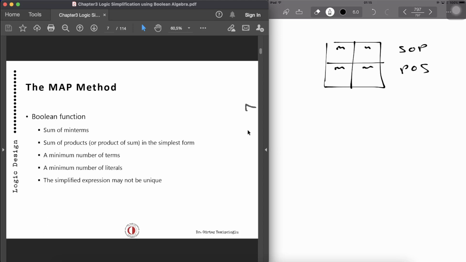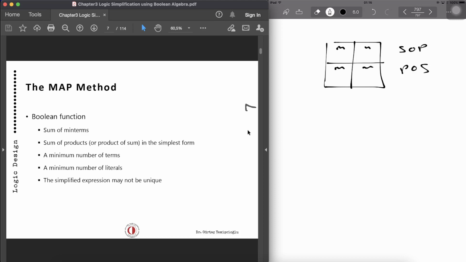Boolean functions in general are a sum of minterms or sum of products in the simplest form. They have a minimum number of terms or minimum number of literals, and the simplified expression may not be unique. There can be an alternative way of implementing the same function, like we saw in the previous chapter when we were doing function 3 and function 4.